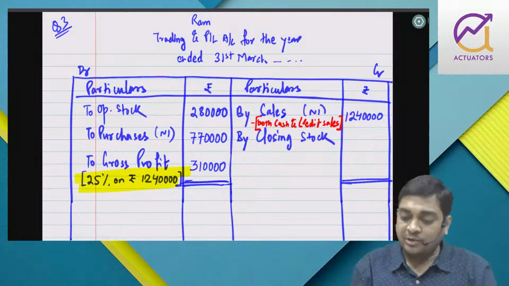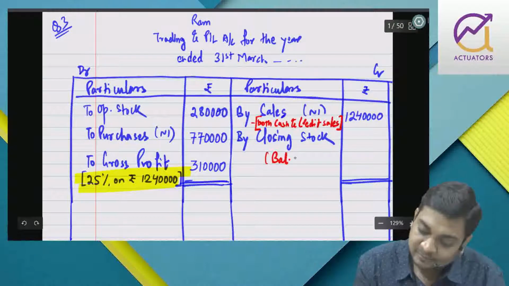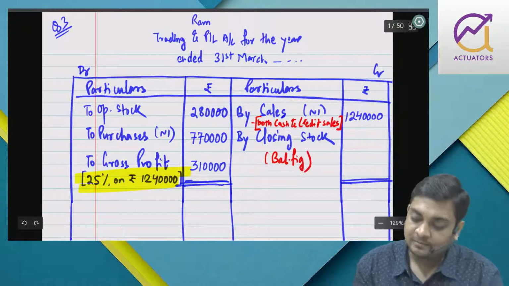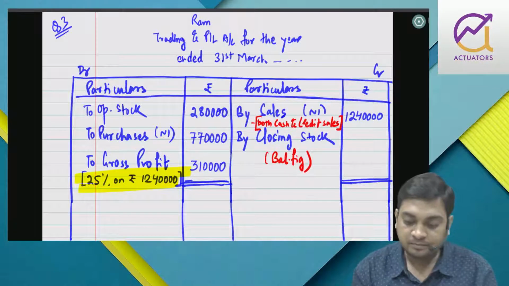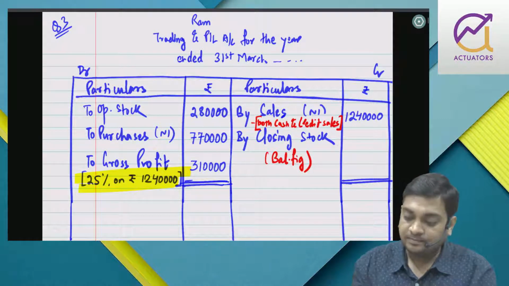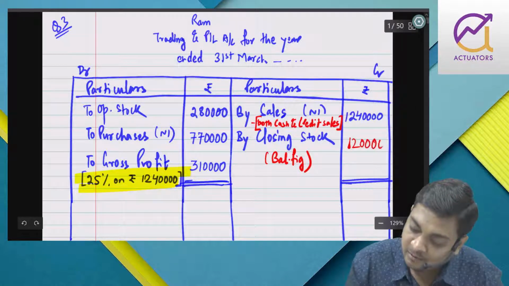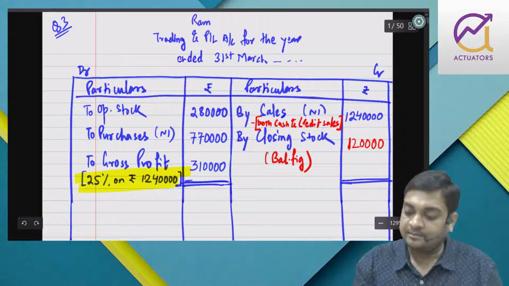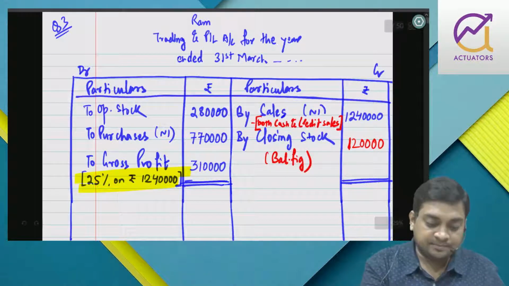So like problem number 2, I got closing stock as the balancing figure. Just do it: 2,80,000 plus 7,70,000 plus 3,10,000 minus 12,40,000. So the trading account has been drafted successfully.